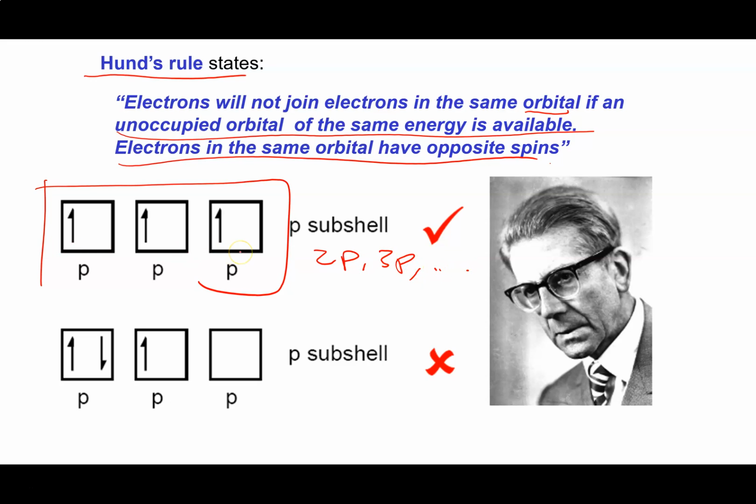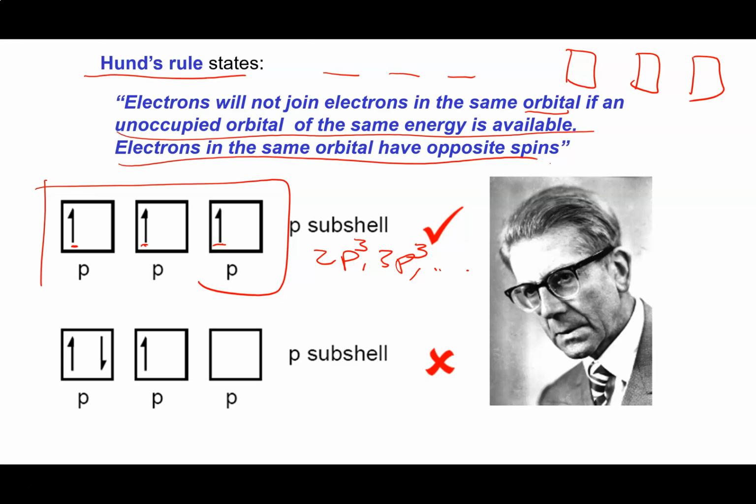That subshell will be made out of three orbitals, which we indicate normally by either 3 lines or 3 boxes. Either or, whatever feels more comfortable. And if I wanted to put in 3 electrons in there, then according to Hund's rule, I'm going to put 1 electron into each orbital by itself, first of all.